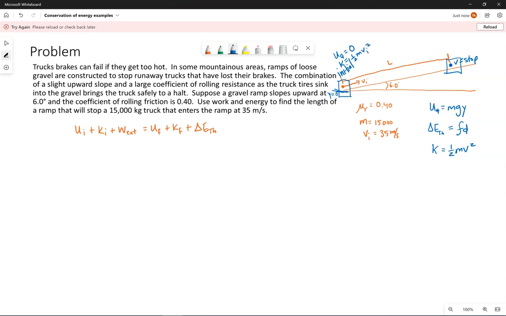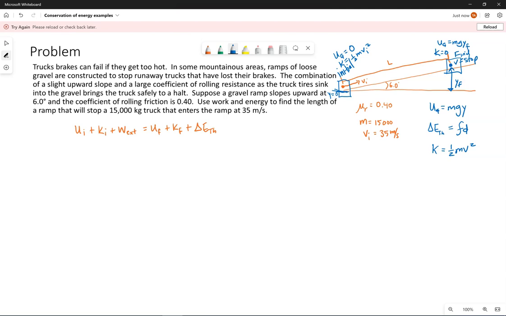At the very end, at this final moment in time, there is gravitational potential energy because the truck ends up at a height, y final, above where it started. And there's no kinetic energy because the truck has stopped.